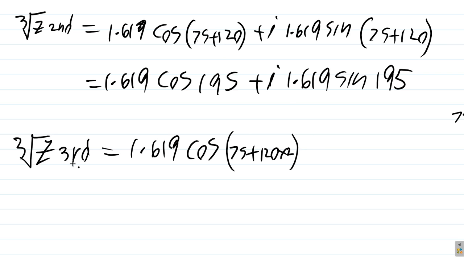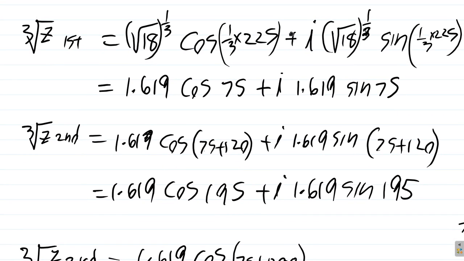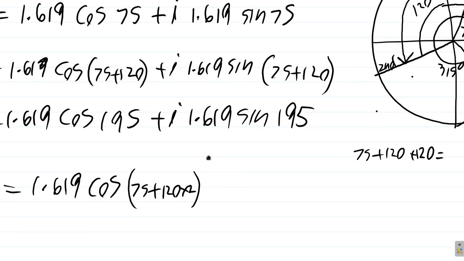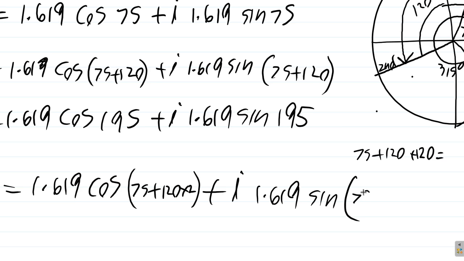The first cube root is the angle plus 120 by 0. The second is the angle plus 120 by 1. The third is the angle plus 120 by 2, if you want to consider it that way, right? Plus i 1.619 sin. 75 plus 120 for the second, and for the third, instead of 120 plus 120, you could write 120 by 2.